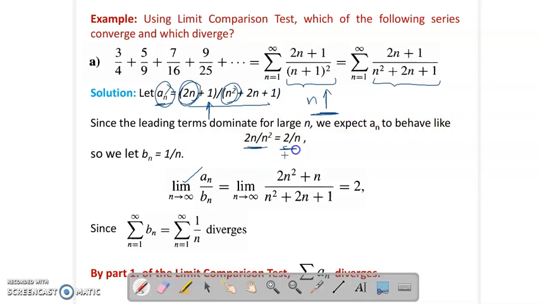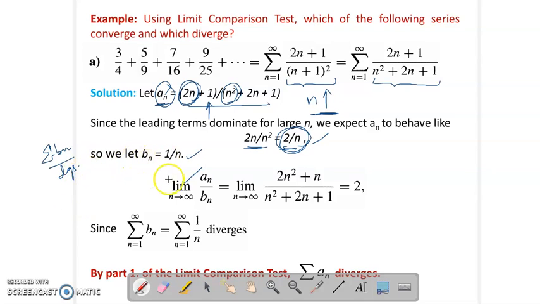That is 2 upon n. So from this 2 upon n, we should get an idea how to choose our bn so that their ratio will give me a finite number. So we let bn is equal to 1 by n, and we also know that this bn diverges.